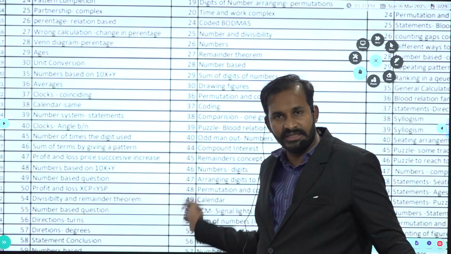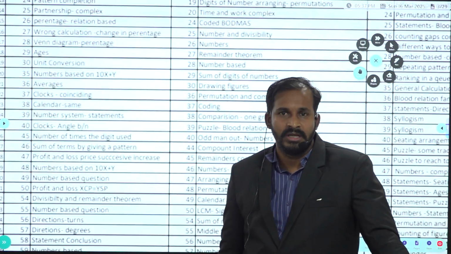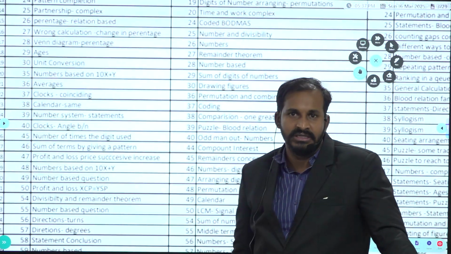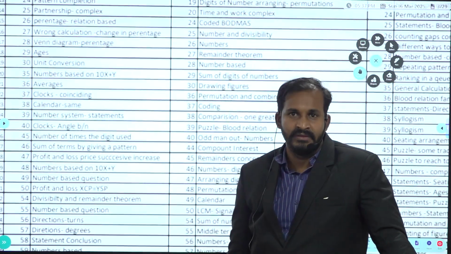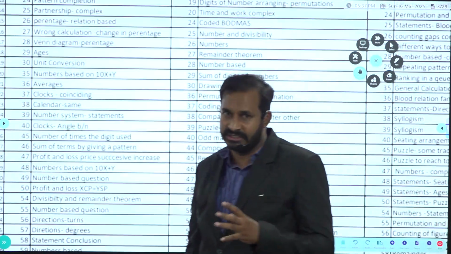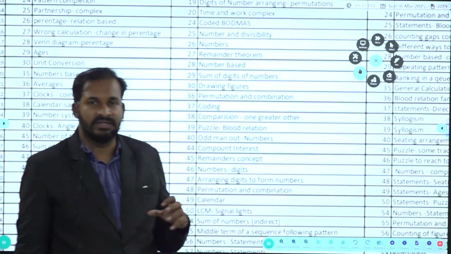So please go through it and observe from which areas they are asking more questions, and accordingly make your plan for this CSAT. Without a plan, it will be a huge task for you to clear this. So make sure you have your own plan for the CSAT paper.